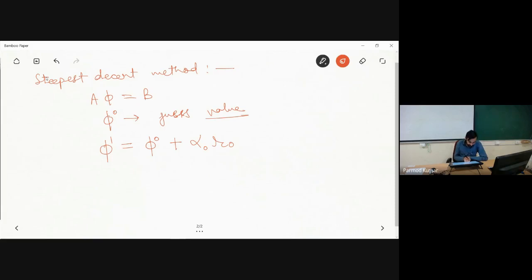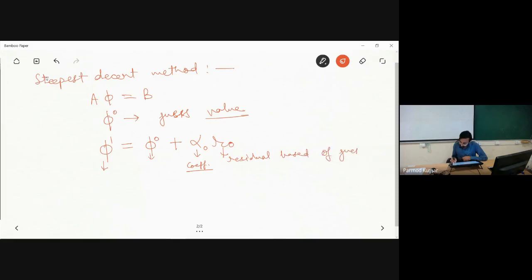This phi 1 is the value of phi after the first iteration is completed. Phi naught is our initial guess, and alpha naught is some coefficient which is multiplied with a specific value that we are calling R naught. So what is R naught? R naught is the residual based on the guessed value.